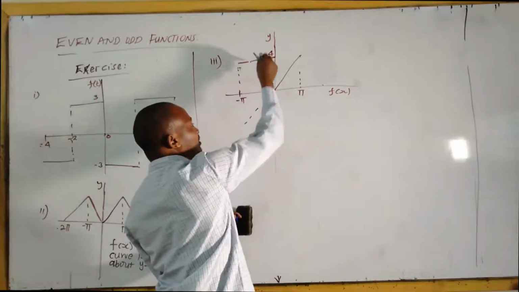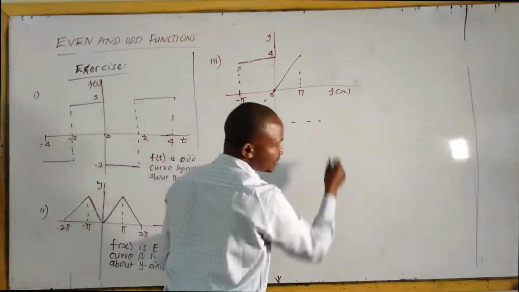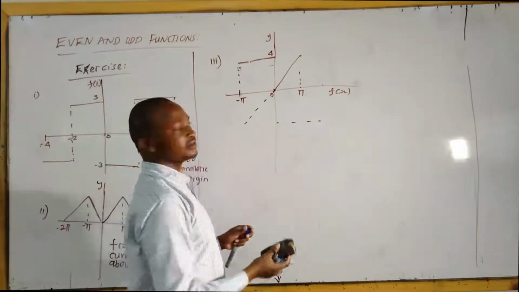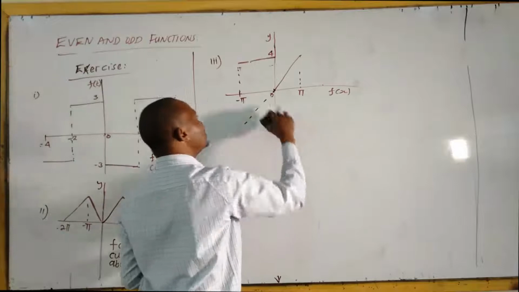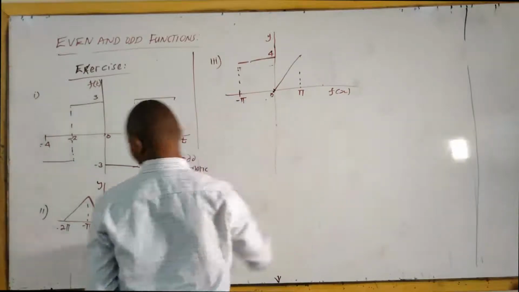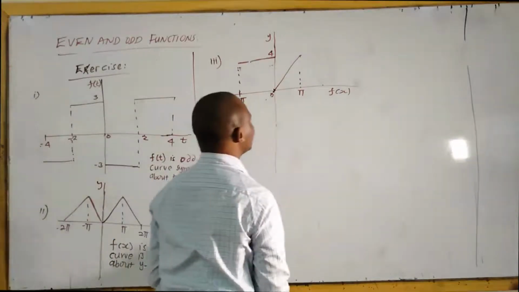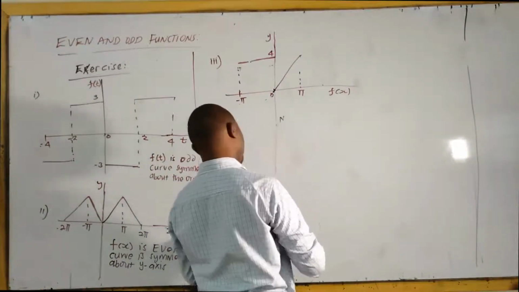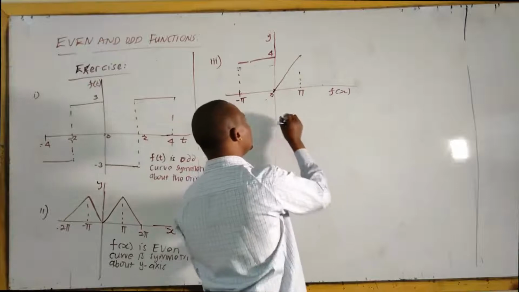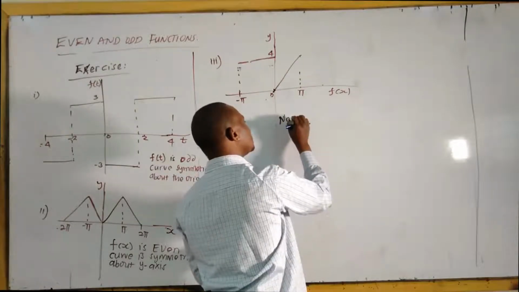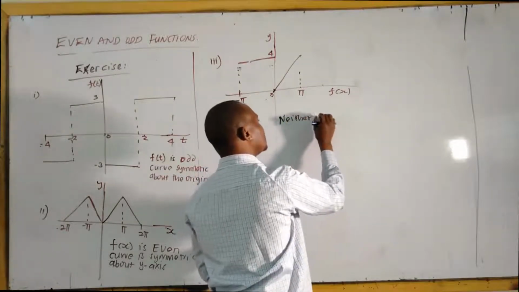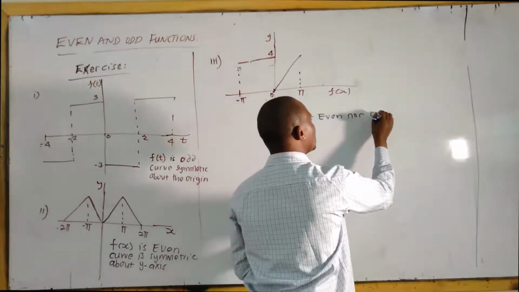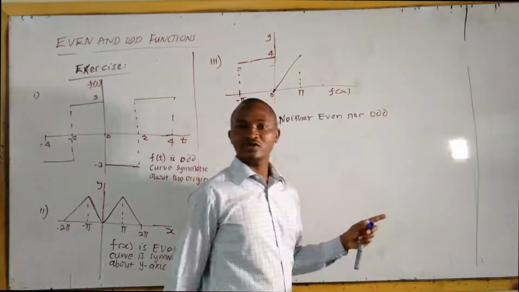And this one should be somewhere here on the opposite side, looking in the opposite direction. It is not odd. It's not even, it's not odd. So it is neither even nor odd. We are simply going to say neither.